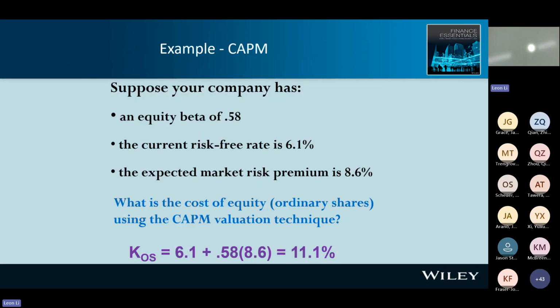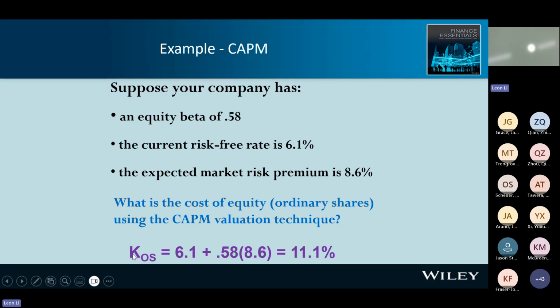So next slide, we give you an example to use the CAPM model. Suppose your company has a beta of 0.58, risk-free rate 6.1%, expected market risk premium 8.6%. What is the cost of equity, the cost of the ordinary share, using the CAPM model?